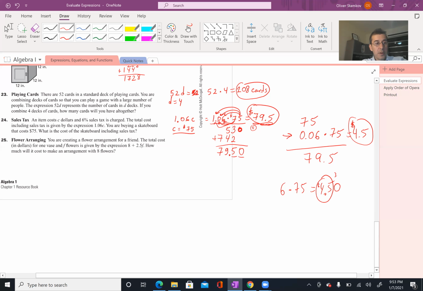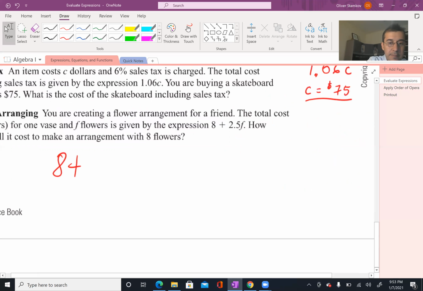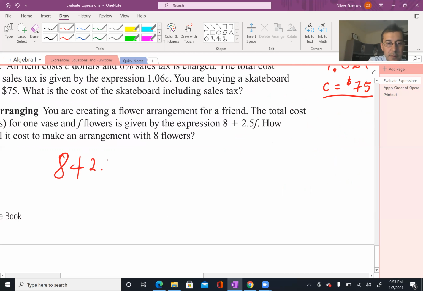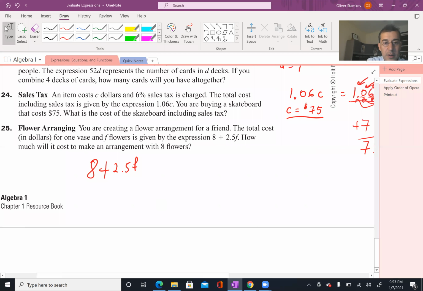And the last problem here, flower arranging. You're creating a flower arrangement for a friend. The total cost in dollars for one vase and F flowers is given by the expression 8 plus 2.5F. How much will it cost to make an arrangement with 8 flowers? So F is 8.